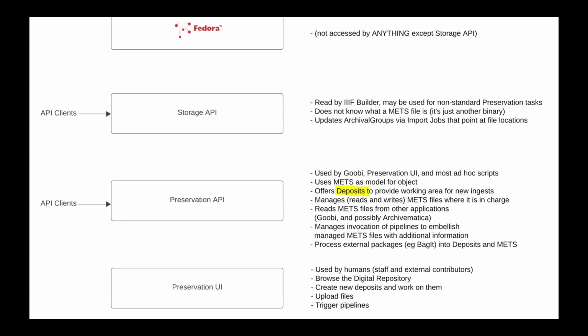And then on top of that, we have a preservation UI for archivists to use to do some manual work for certain born digital archives where they might want to assemble things by hand and share URLs of works in progress, things like that. So I will stop there because I'm running out of voice, and also for any questions.